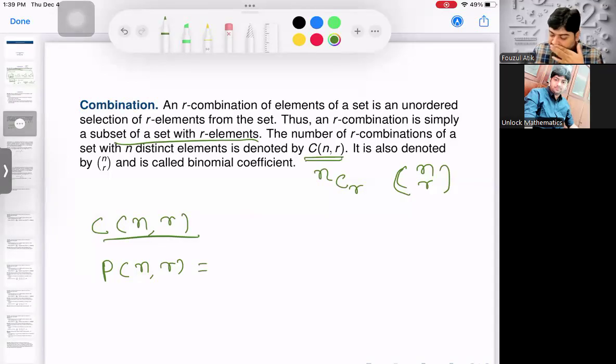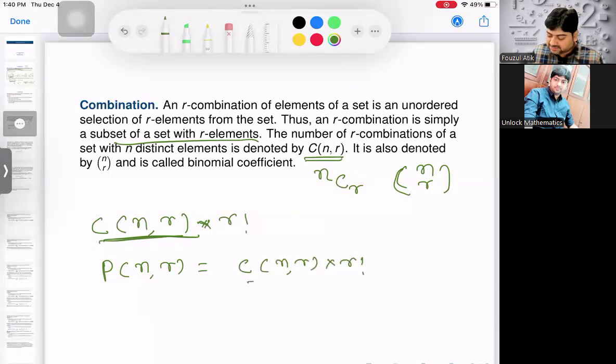After each selection, you can arrange those R elements in R factorial ways. By the product rule, if I multiply these two, I get the R permutations from an n element set. Therefore, P(n, R) is C(n, R) times R factorial.